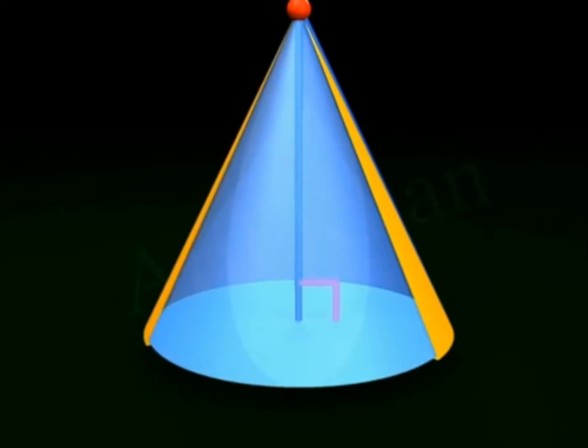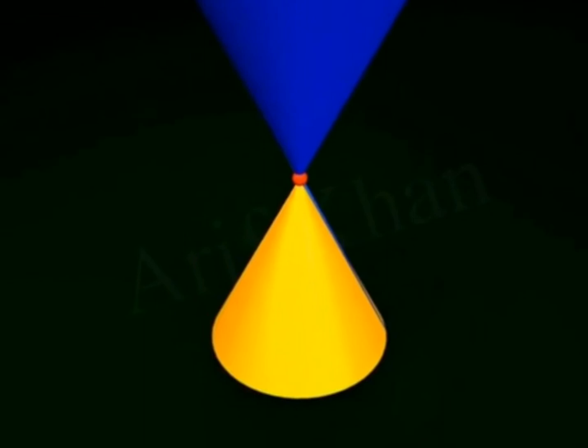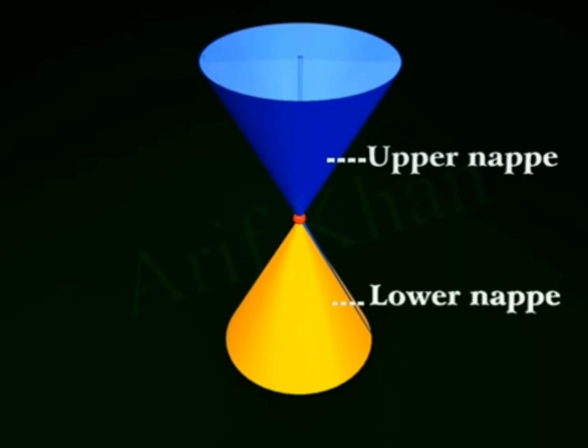The lateral surface of a right circular cone is called a nap. A double right circular cone has two naps. The nap above the vertex is called the upper nap, and that below the vertex is called the lower nap.